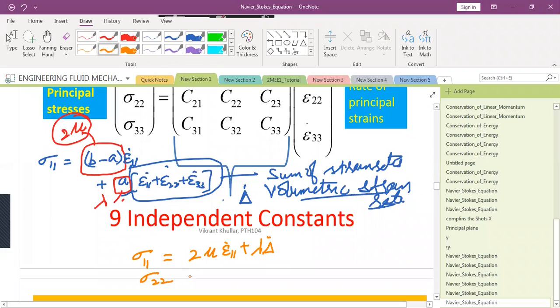Likewise, sigma 22 will be equal to what? Sigma 22.